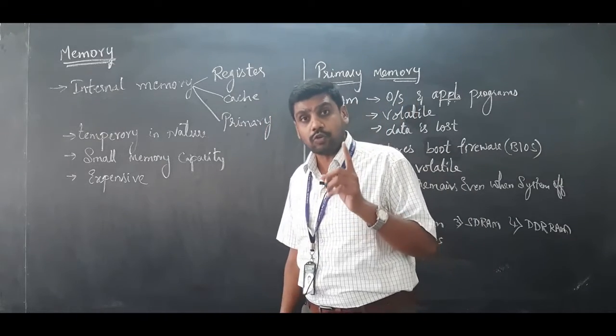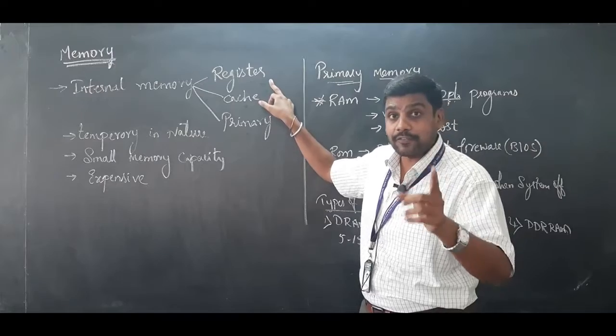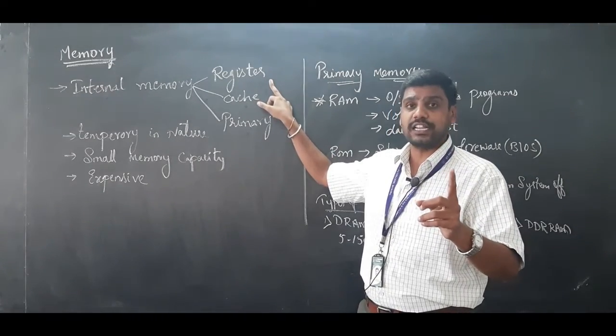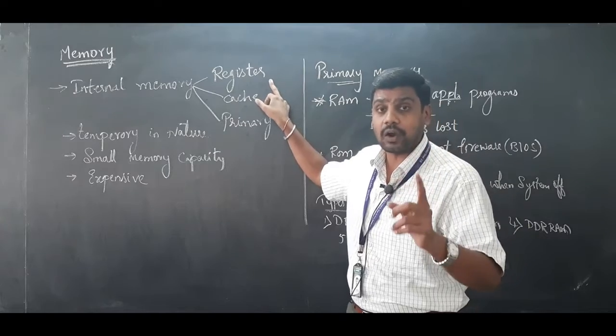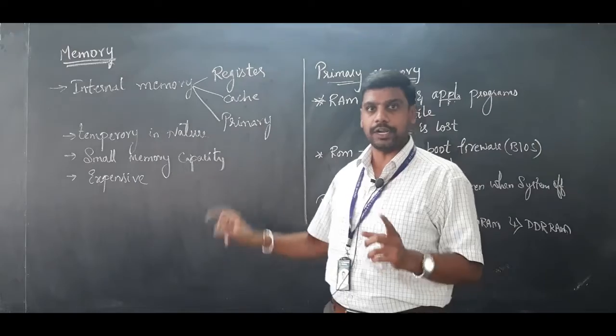The CPU will access the data or instruction from the RAM and provide it to the register. The register will receive those data and instructions and process them according to the instruction given by the control unit.